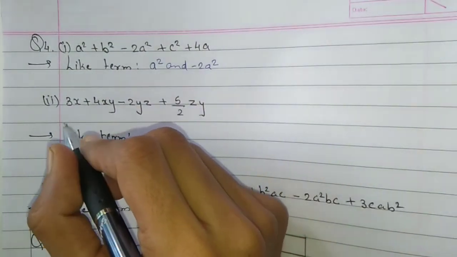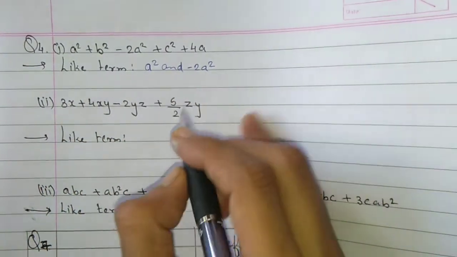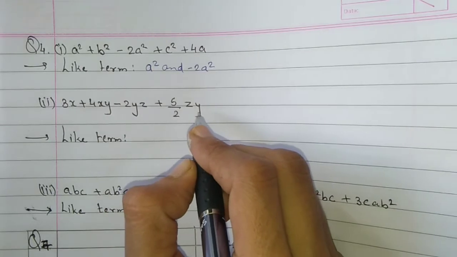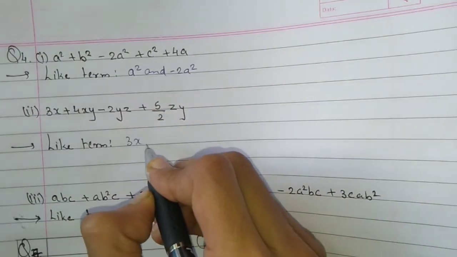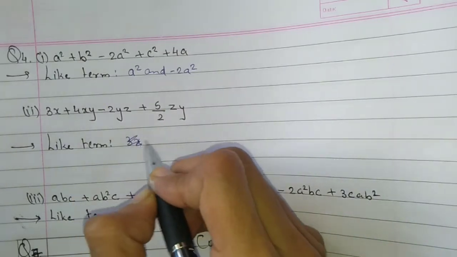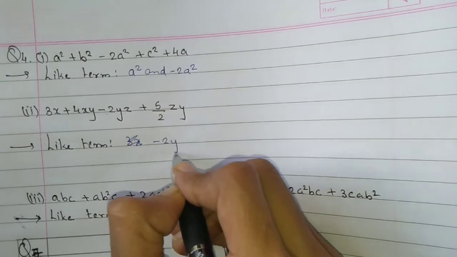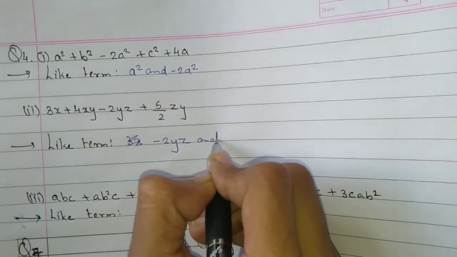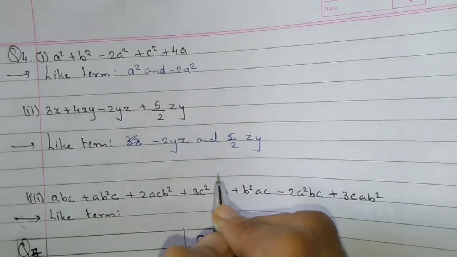Now for the second one, 3x plus 4xy minus 2yz plus 5 by 2zy. Now which are the like terms here? First, 3x is not. Here it is minus 2yz and 5 by 2zy. These two are like terms.